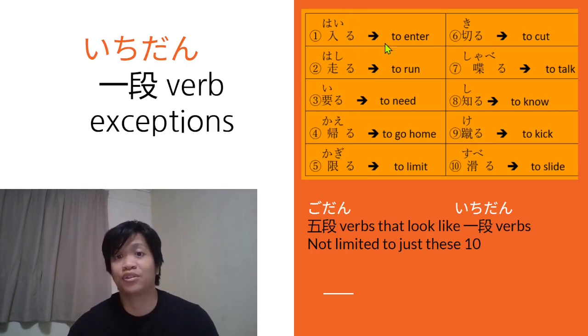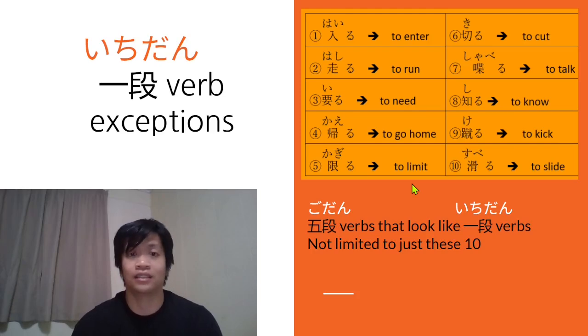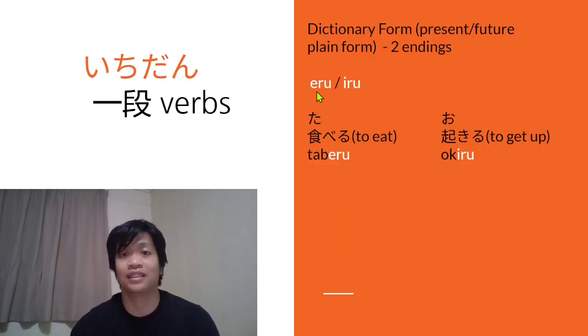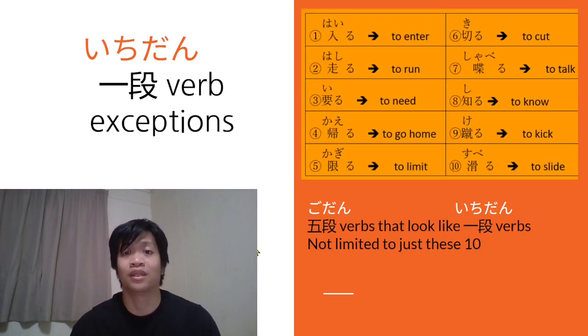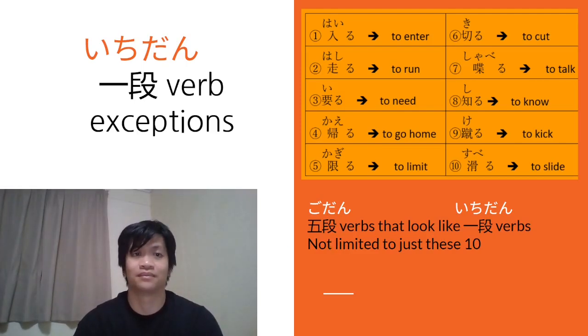We have hairu, to enter; hashiru, to run; iru, to need; kaeru, to go home; kagiru, to limit; kiru, to cut; shaberu, to talk; shiru, to know; keru, to kick; and suberu, to slide. So these 10 verbs all end in either eru or iru, which is the ichidan verb rule, but these are the exceptions, so they actually are godan verbs. So you have to be careful for these 10.